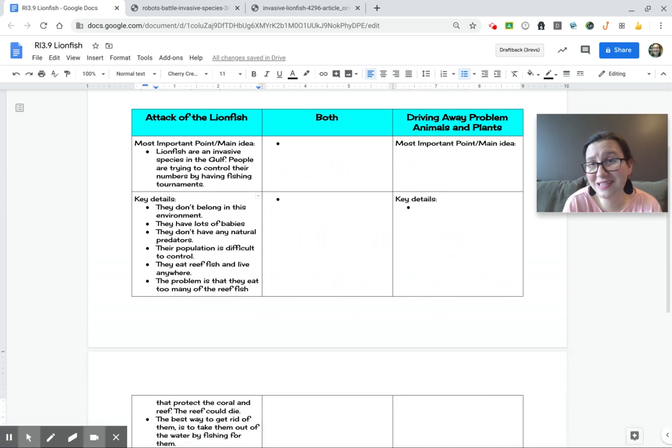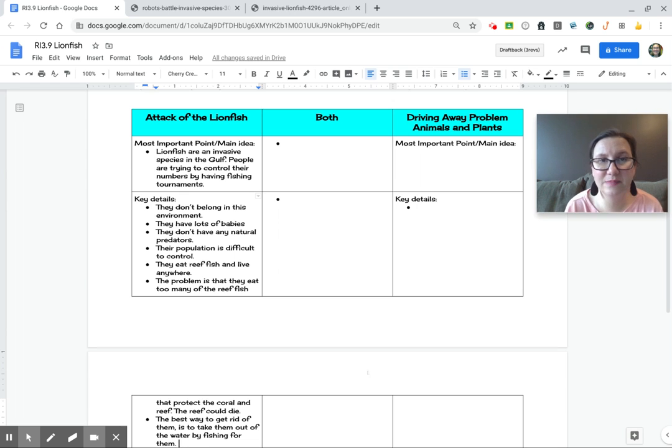Remember, be sure to mention the invasive species and what people are doing to get rid of this species. Now you're going to be ready to talk about how these two articles are similar. We will go ahead and work on that section now.